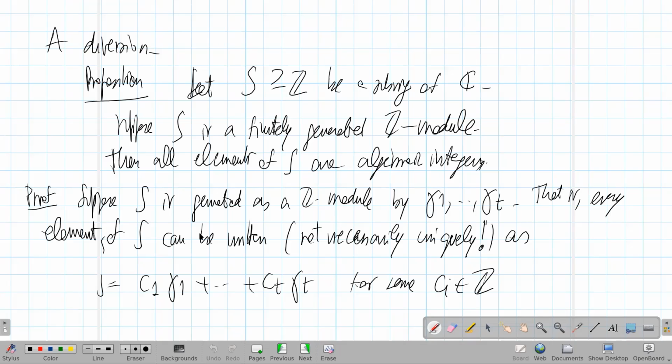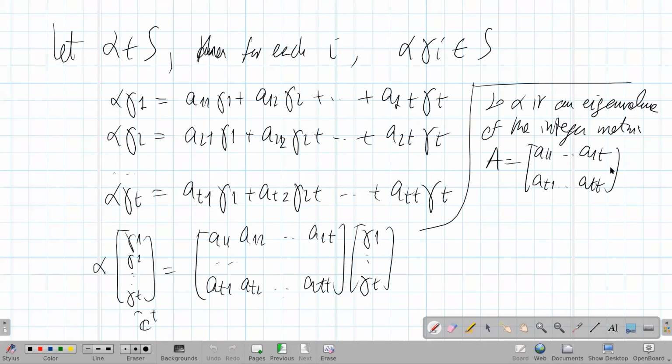Every element can be written as a linear combination with integer coefficients of the gamma i, okay? But then if alpha is an eigenvalue of this integral matrix, then alpha is a root of the characteristic polynomial of A.